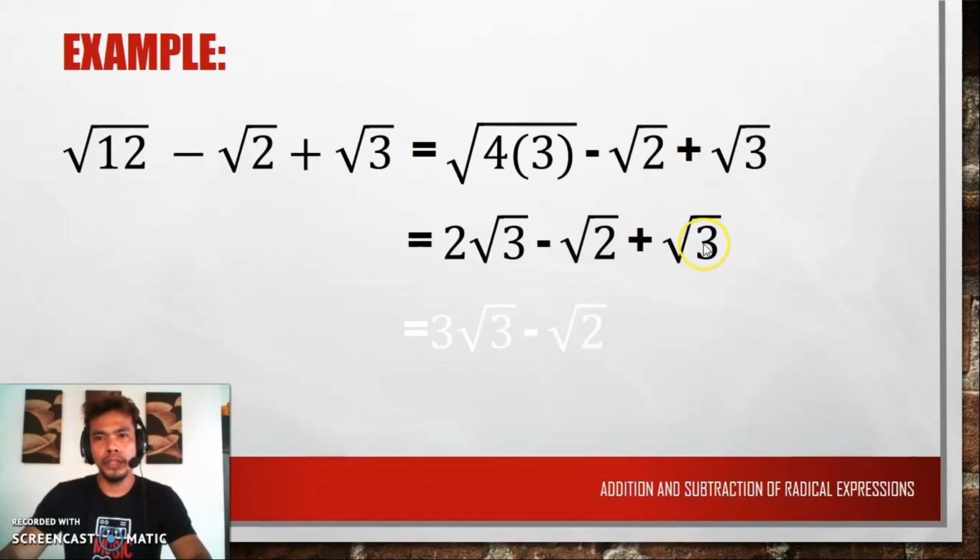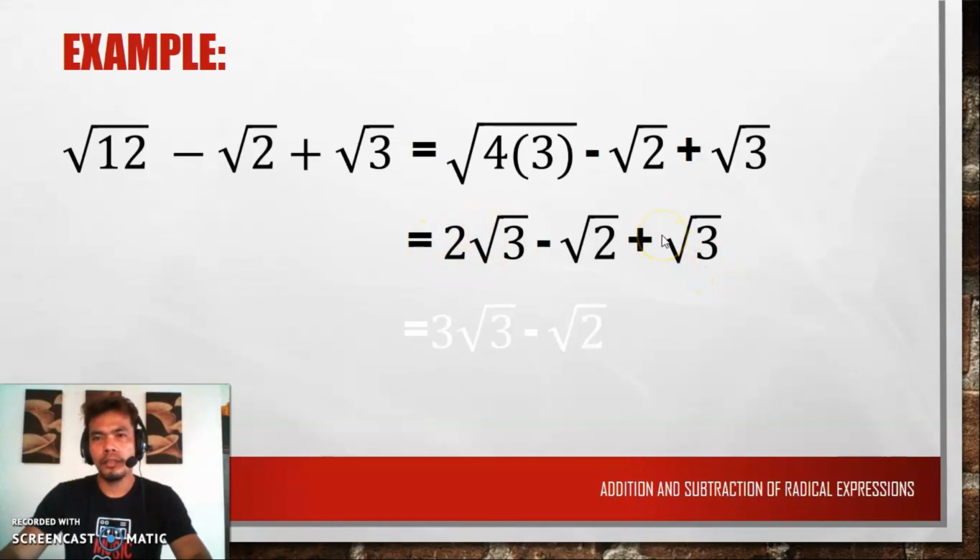Okay, after that, proceed to the next step. The next step is you have to combine similar radicals by adding or subtracting the coefficients and copying the common radical. Among the three radicals here, only 2 square root of 3 and square root of 3 are similar. So you have to combine the coefficients and copy the common radical. The coefficient here is 2 and this one is 1.